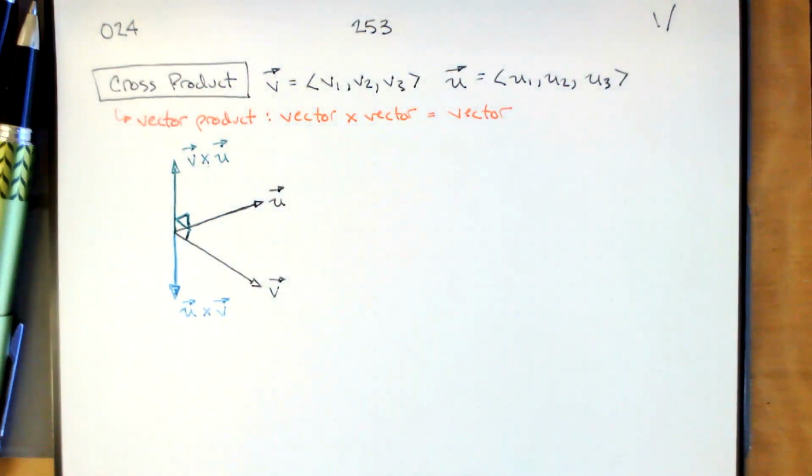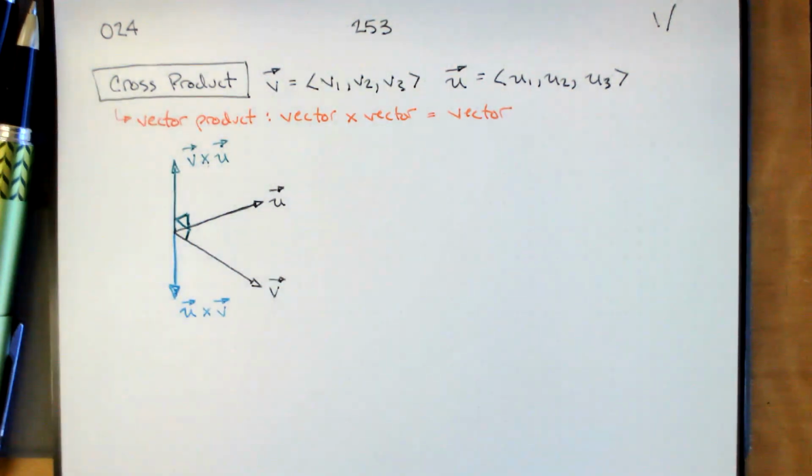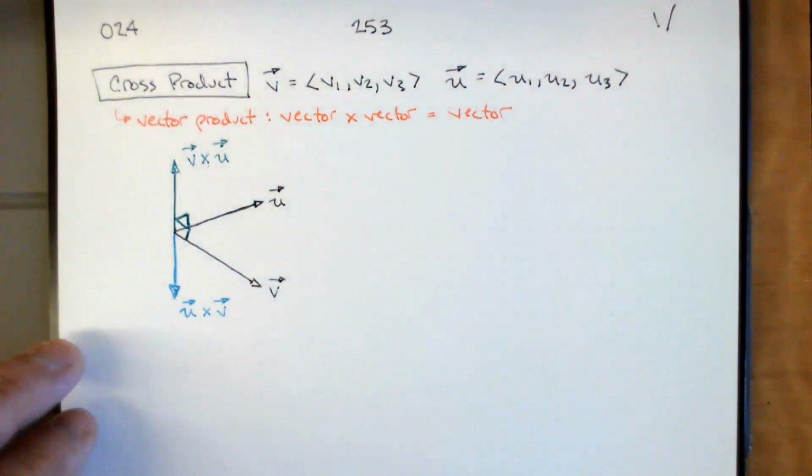And so we've come across something interesting to note about this particular multiplication. First of all, it is a multiplication. We're calling it a cross product. But what we've just seen is that the cross product, even though it's multiplication, is not commutative. V cross U is not the same as U cross V. The cross product is not commutative.